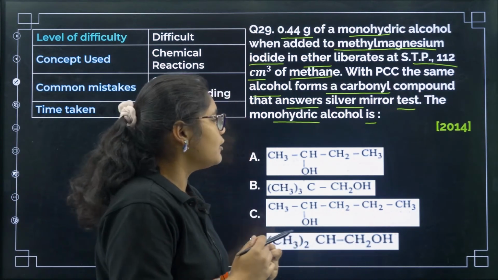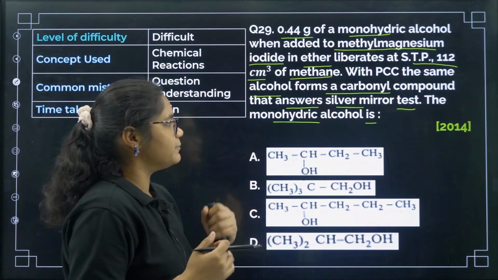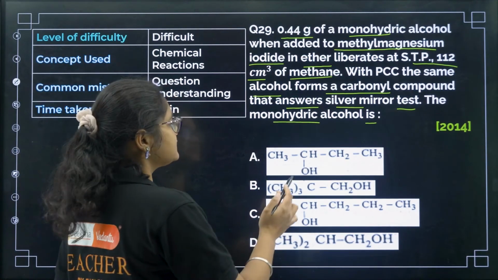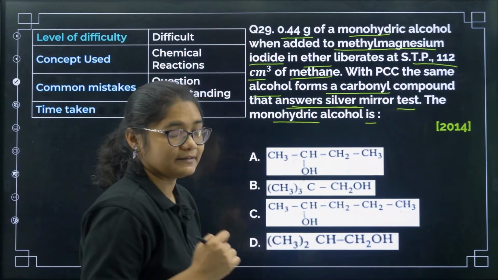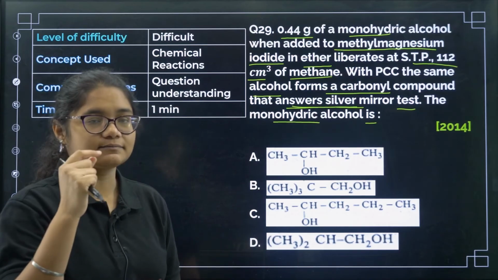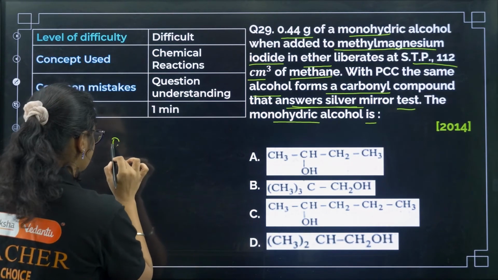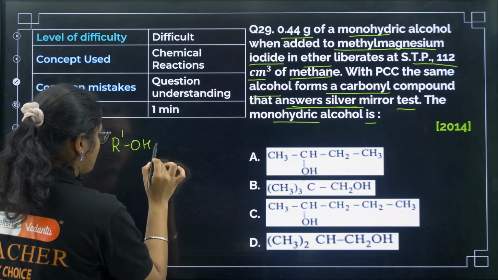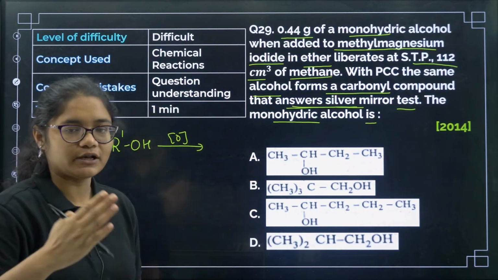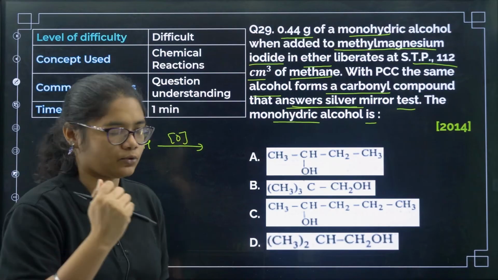Okay. So now if you see what exactly is happening, as I told you in that previous question also, this is giving the silver mirror test. That means what? Suppose there is one alcohol, the question is like this, there is an alcohol. If you oxidize this, we get a carbonyl compound, and a carbonyl compound can be either aldehyde or ketone, right?